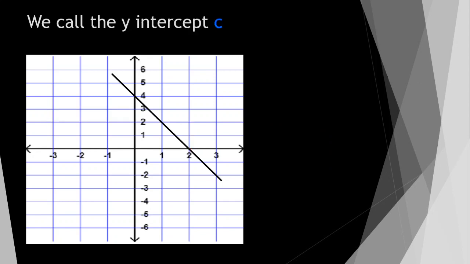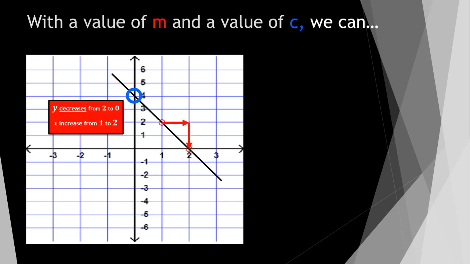And if we wanted to look at the same line and we wanted to find the y-intercept, this is the point where the line hits the y-axis, okay? We like to call this point here c. So c equals 4. So all we've really done here is we found out that m equals -2 and that c equals 4.